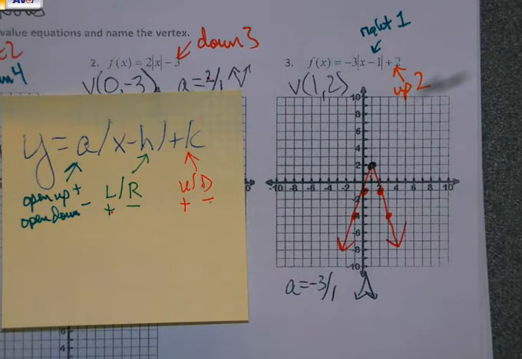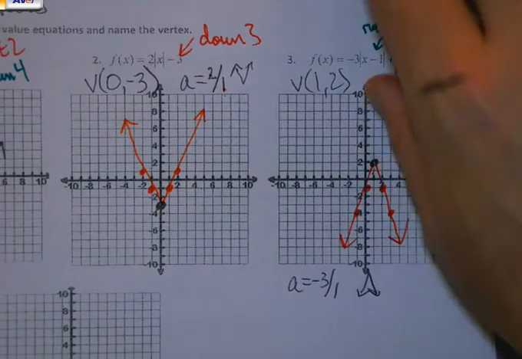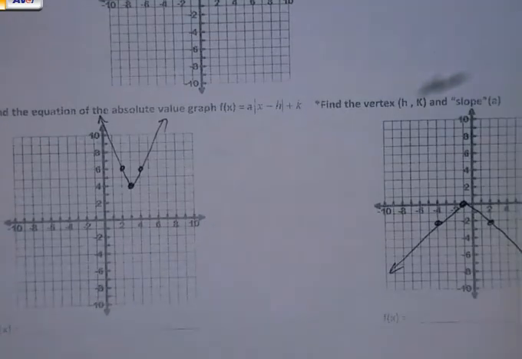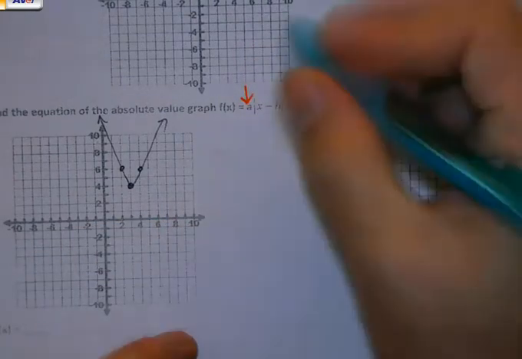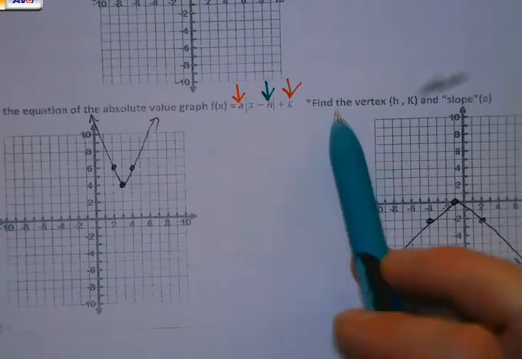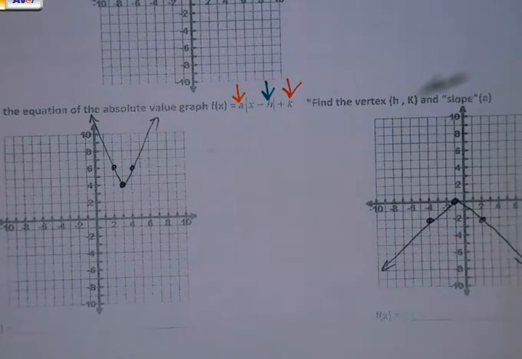And then the only other thing we did, move up a little bit here, was find the equation of a graph if I give it to you. And so for these, we talked about how we need the A value, the H, and the K. Now you may think that seems like a lot of work, but if you keep in mind what I have written here just to the right, if I find the vertex, that's H and K, and then I find my air quote slope.